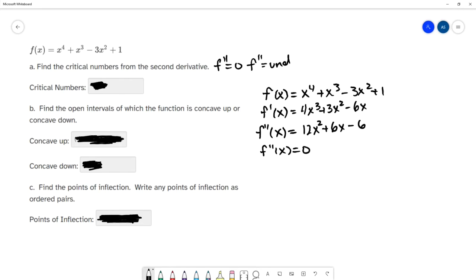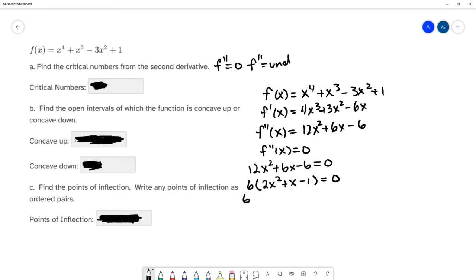So the second derivative equal to 0 would give the equation 12x squared plus 6x minus 6 equals 0. I'll try to solve this by factoring. So I can factor out a 6, and that would give me 2x squared plus x minus 1 equals 0.